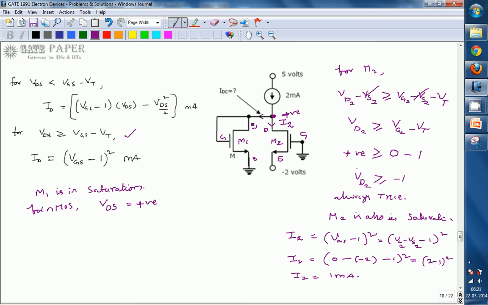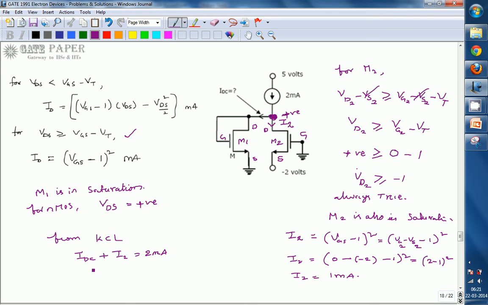So apply KCL across this node. Kirchhoff's current law. From KCL we can write IDC plus I2 is equal to 2 milliamperes, because incoming currents are positive and outgoing currents are negative.